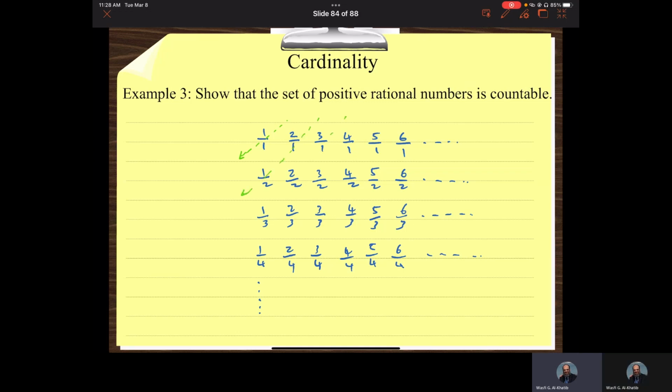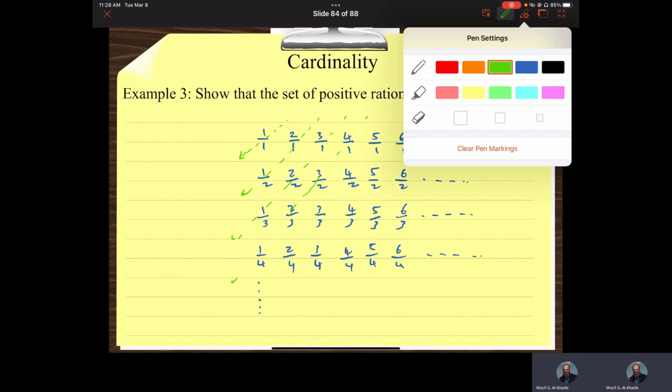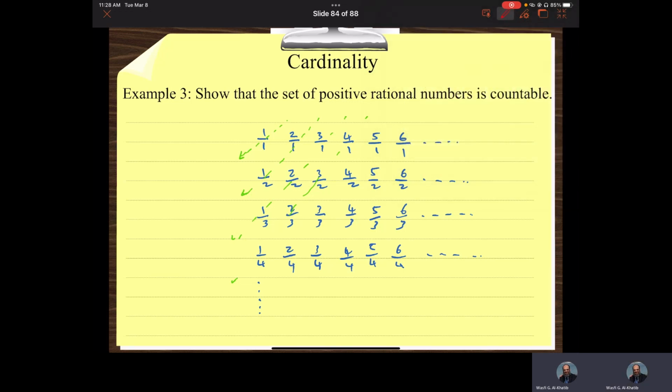I will scan the elements diagonally like this. Right. So basically the first element that I will encounter is 1 over 1, right? So this element, I will map 1 to this element. 1 is mapped to 1.